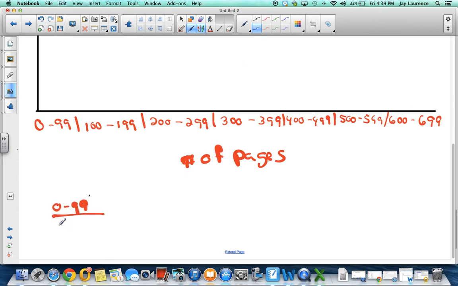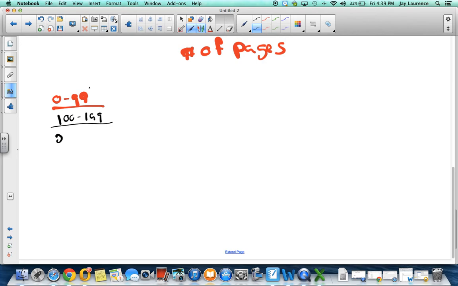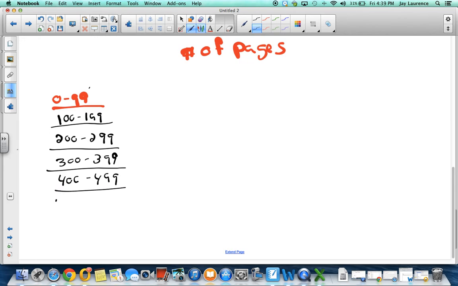And it's going to help me organize my data. 100 to 199, 200 to 299, 300 to 399, 400 to 499, 500 to 599, and then finally 600 to 699.